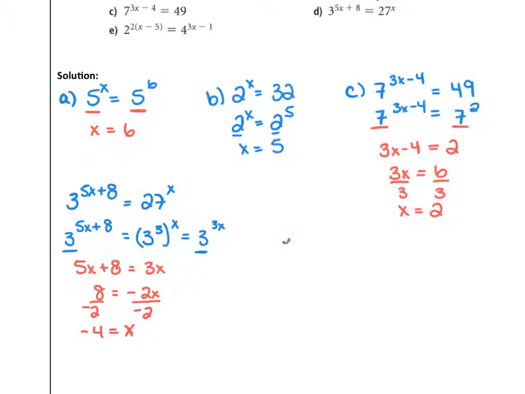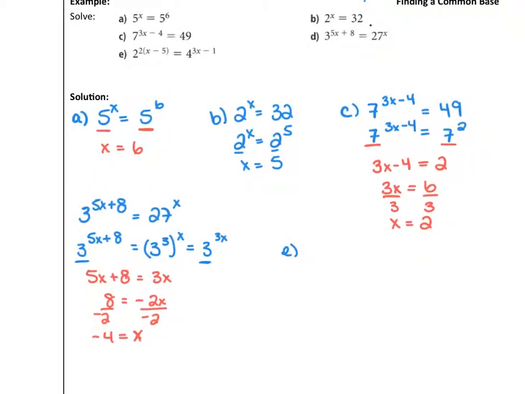Last one, E. 4 to the 2x minus 5 equals 8 to the 3x minus 1. So again, I'm going to change that 4 into a 2, equals 2 to the 2, 3x minus 1.